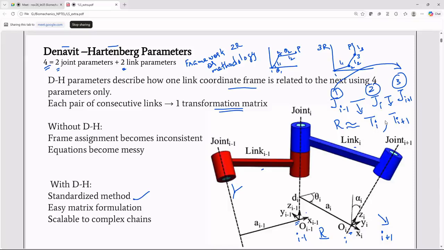It will be convenient when the number of links and joints is greater. So the three important factors are: it's a standardized method, we can create these transformation matrices, and these transformation matrices can be applied on a complex chain. These three things are the important advantages that Denavit-Hartenberg brings to us.